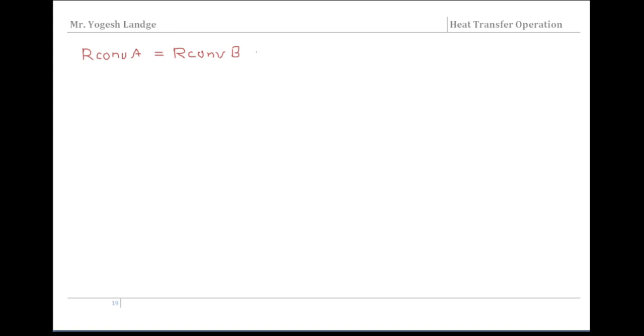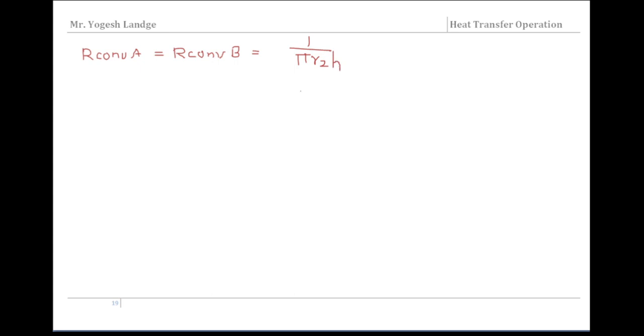Why am I writing that this is equal? Because R convection A and R convection B, on the surface of the insulating material, the convection term is there, and it is the same temperature. On the basis of that, I am writing, and the formula is 1 upon pi r2 h, where r2 is the radius of the outer one, and h is the heat transfer coefficient.